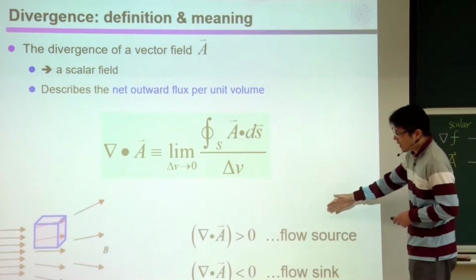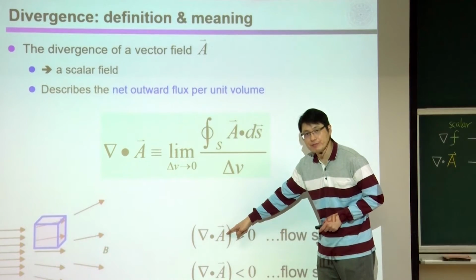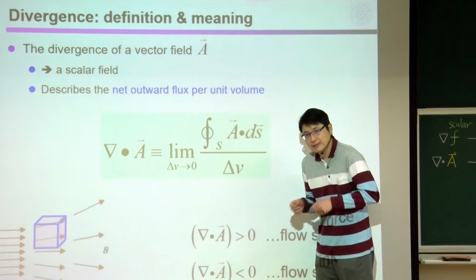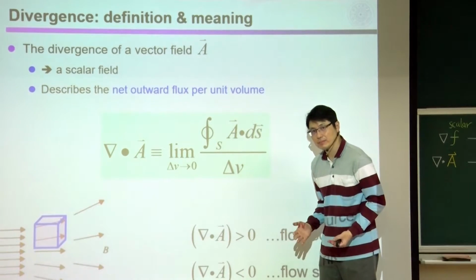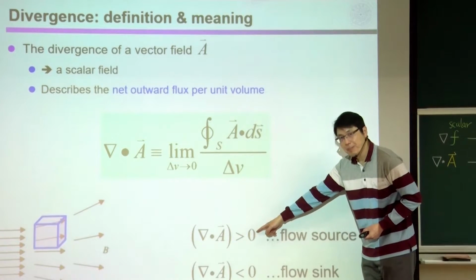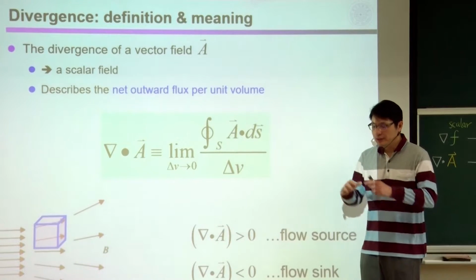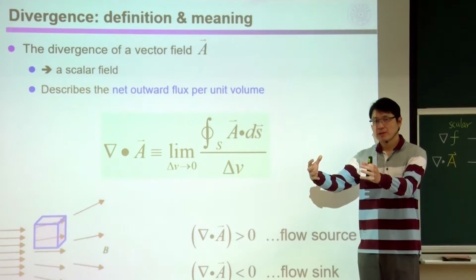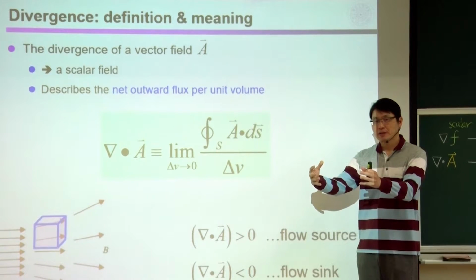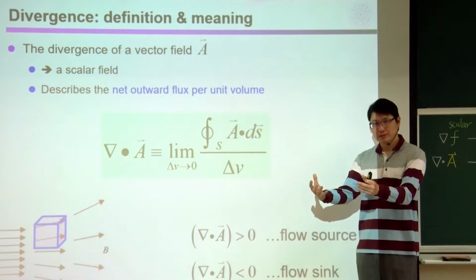So if you have a divergence of a vectorial field, meaning the net outward flow or flux is positive, then this is telling you in the space you surrounded, there is a source of the field.